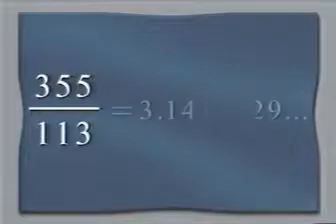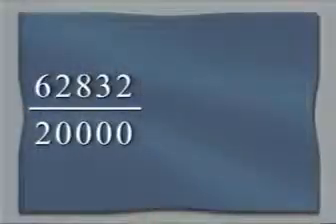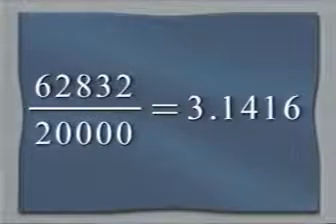In China, in the year 470 AD, the ratio was written as 355 over 113. This translates as a decimal to 3.1415929 and so on, which is very close to the number we believe today is the true ratio. 40 years later in India, the ratio was written, and here's an interesting number, 62,832 divided by 20,000, which of course is 3.1416.